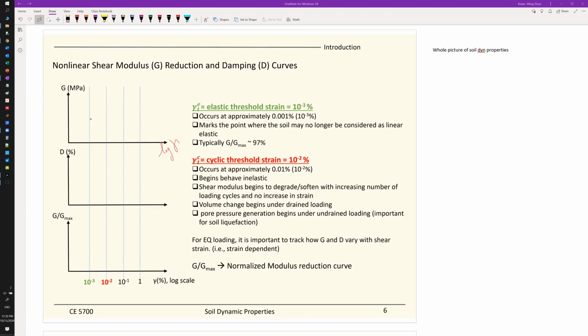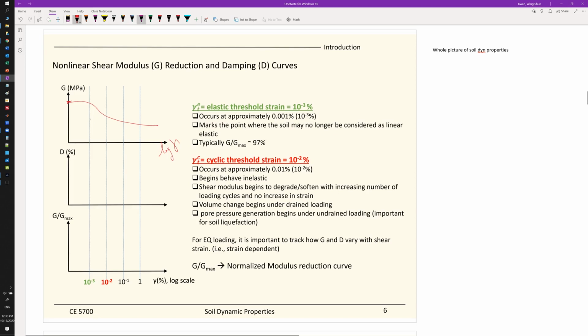There are also a couple of terminology and concepts that we need to know. Out of this curve, first of all, the whole curve would behave something like this. And there are a couple of thresholds we need to talk about.